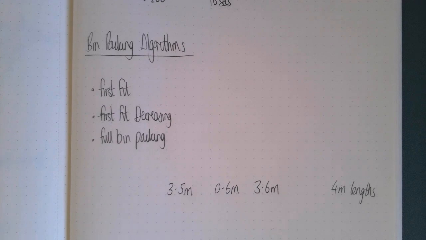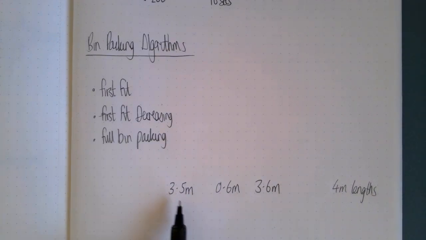So why are algorithms needed for that sort of situation? Well, let's just say that I run a hardware shop and I sell wood in 4 metre lengths. And in a day, 3 people come in and ask for these lengths of wood.